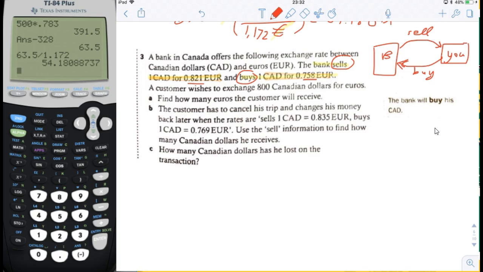Okay? So, let's see. A customer wishes to exchange 800 Canadian dollars for euros. Okay? Alright. So, if he's going to start with Canadian dollars and he's going to get euros, is the bank buying the Canadian dollars or is it selling the Canadian dollars?